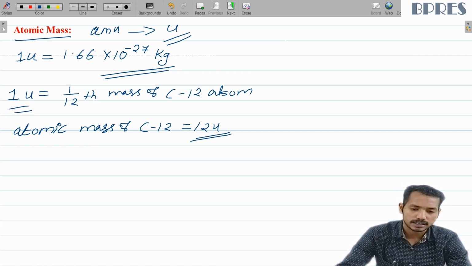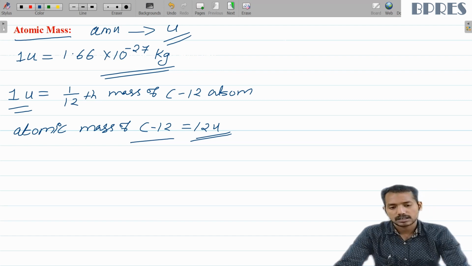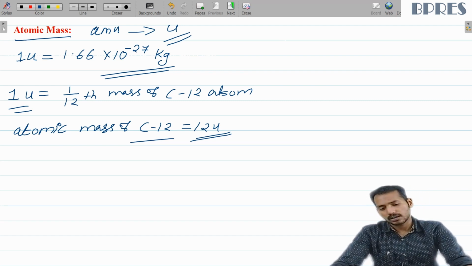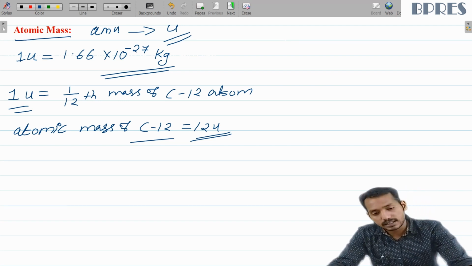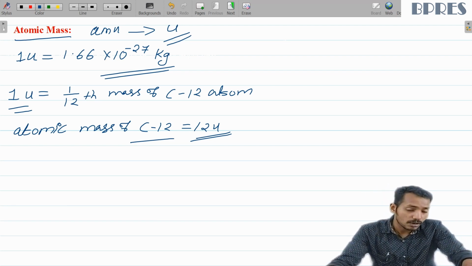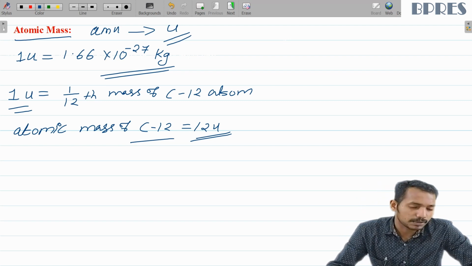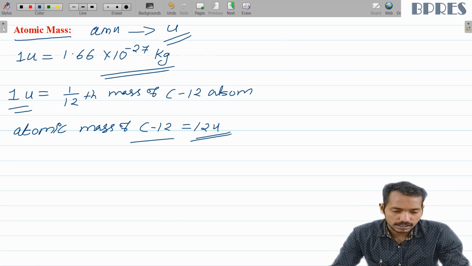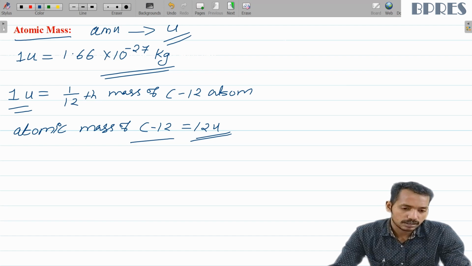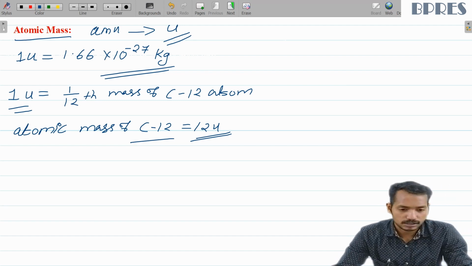So we are taking the carbon 12 atom as a reference. Why is C12 specifically mentioned? Because carbon also has some other types, which are called isotopes. We will be discussing them in detail in chapter 4. So this is all about atomic mass and the unit used for measuring it.